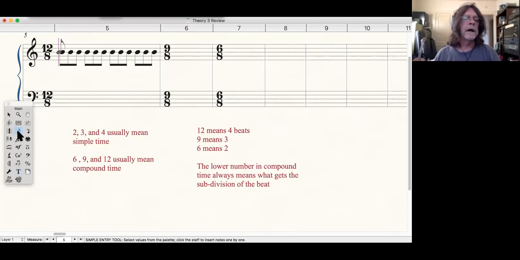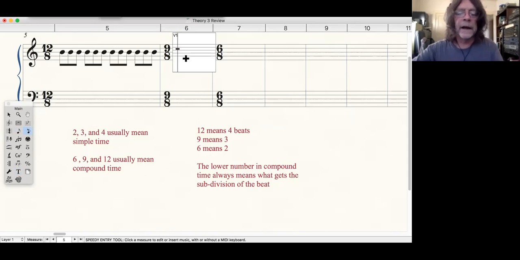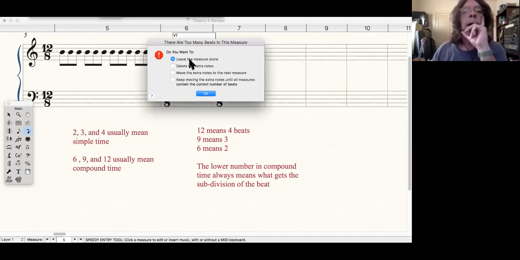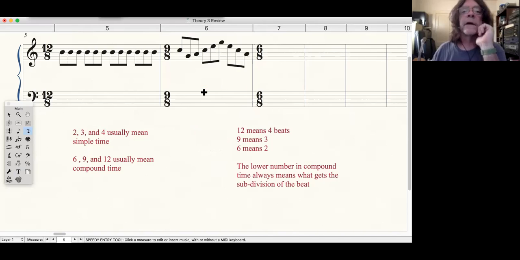So here's 9/8, and I'm just gonna do this again. I don't know how to use that tool, and I can make the notes look funny or different. Let me delete the extra note that I have. Sorry. So here is, instead of it being straight, just some sort of musical thing.